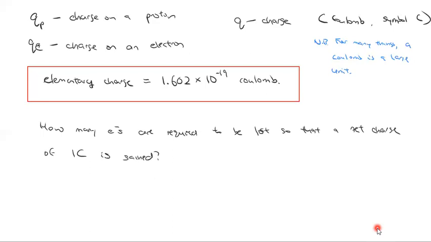How would we work that out? Is net charge the same as elementary charge? No, by net charge, I basically mean overall, how many electrons do I need to lose so I get 1 Coulomb? Now remember, an electron holds an elementary charge.